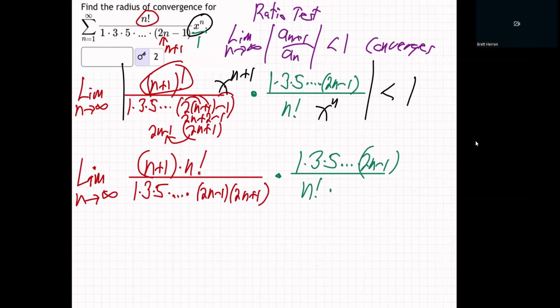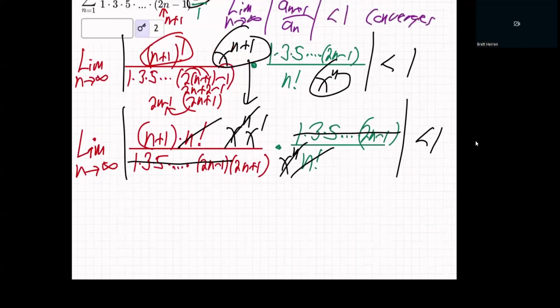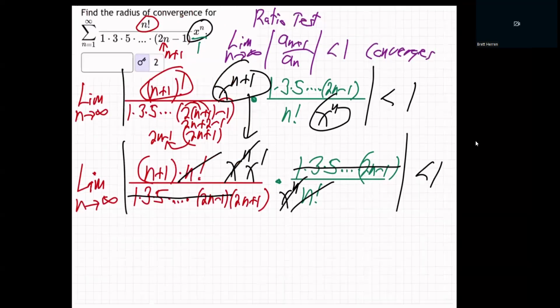And you know what the x's are going to do, what they do every time. x to the n plus 1 is x to the n times x to the 1, and this x to the n on the bottom cancels. Absolute value less than 1. Now we cancel all the steps: 1, 3, 5 all the way to 2n minus 1 cancels, and n factorial cancels with n factorial. Lots of good, happy cancellations.